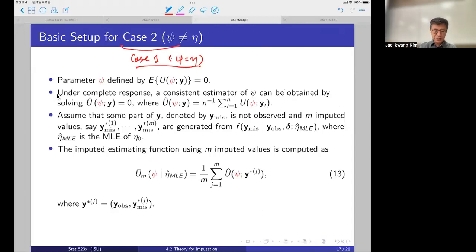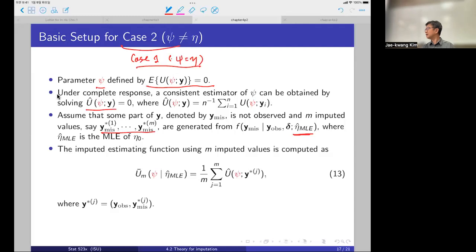Now we are more interested in a general parameter psi, which is defined through an estimating equation. In this case, we still want to apply imputation. U hat is an estimating function on the complete response, and then we apply imputation from the MLE.